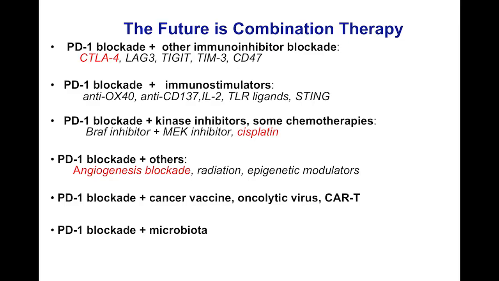Other approaches are to think about different tumor microenvironments, so-called cold tumors versus hot, where we need to bring those T cells into these immune deserts that don't have T cells. And so these types of strategies involve vaccines, oncolytic viruses, or engineered T cells, and understanding how to combine this with PD-1, or also PD-1 with the microbiome.